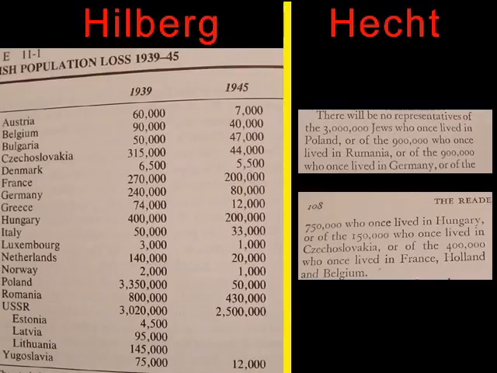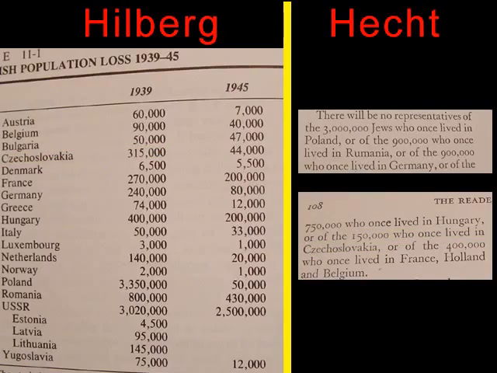Here's problem 2. According to Raoul Hilberg, Ben Hecht's pre-war Jewish population figures are not correct. Hecht gives the pre-war German Jewish population at 900,000, whereas Hilberg has it at 240,000. Hecht puts the pre-war Jewish population of Hungary at 750,000, whereas Hilberg puts it at 400,000, and Hecht's pre-war Jewish population for Czechoslovakia, 150,000, but Hilberg puts it at 315,000.